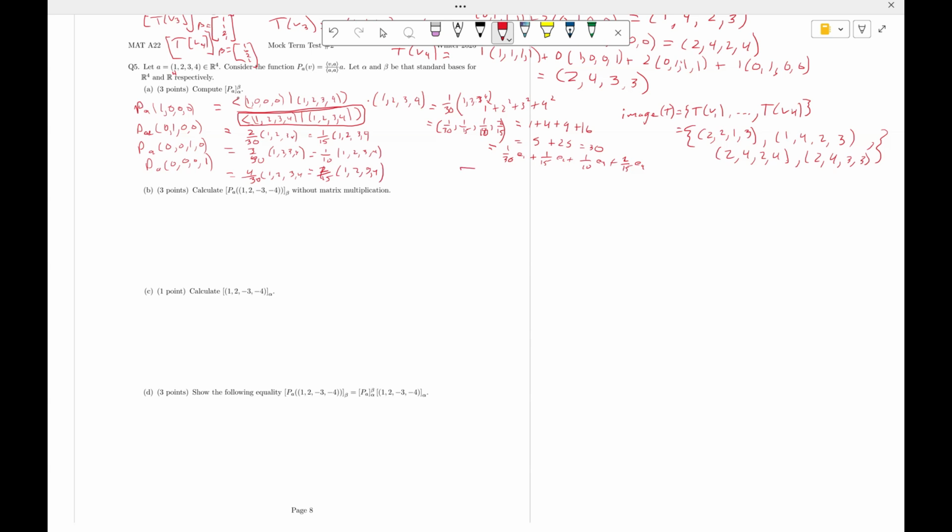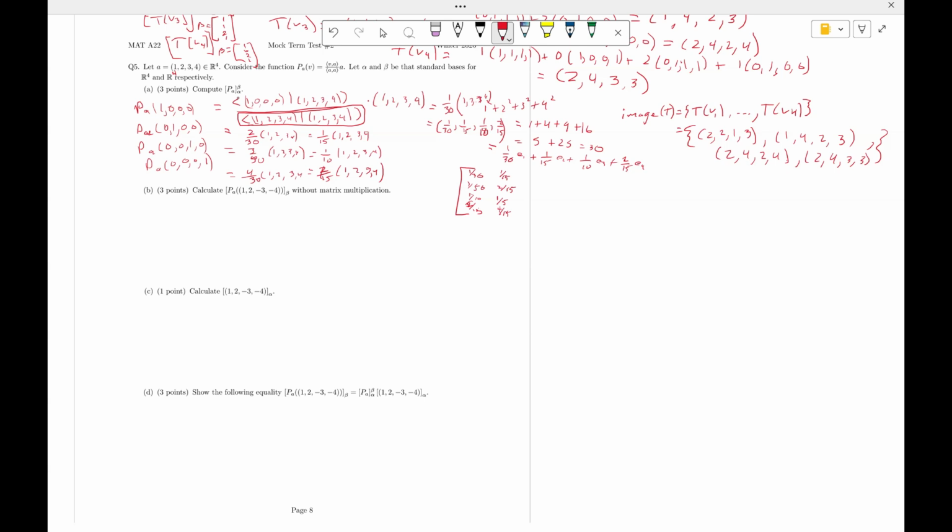And this is going to give us a really interesting matrix with lots of fractions. So we get 1 over 30, 1 over 15, 1 over 10, 2 over 15. Then our next example, here we're going to have 1 over 15, 2 over 15, 1 over 5, and 4 over 15.